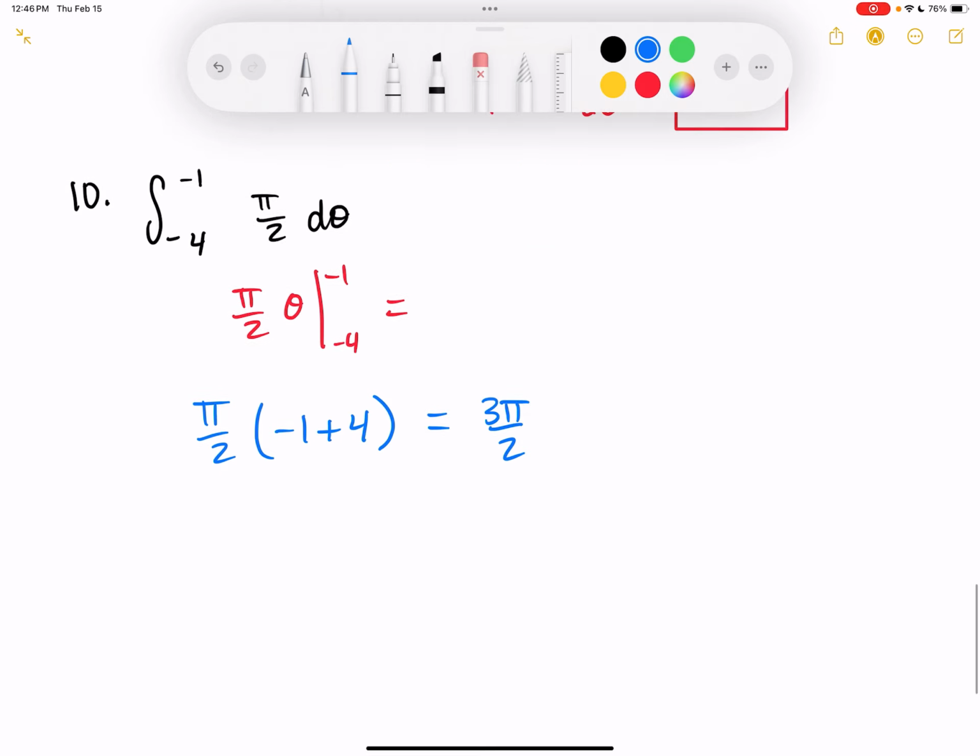So 14, we have the integral from 1/2 to 3/2 of negative 2x plus 4 dx.